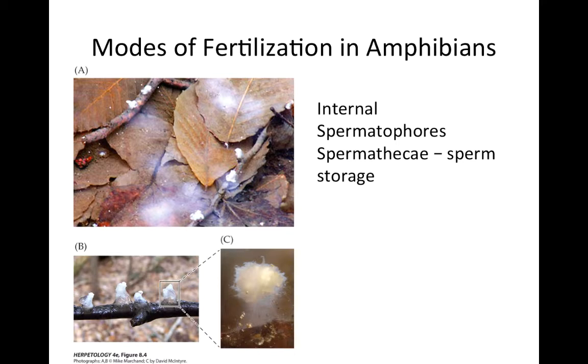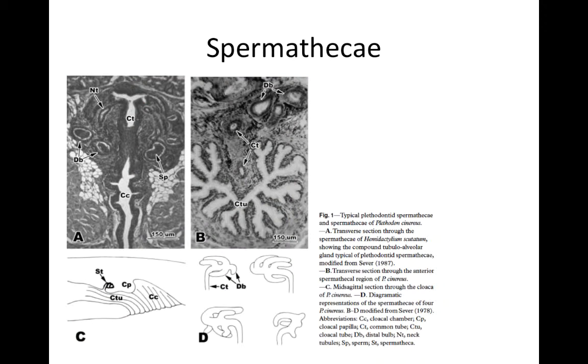And the sperm on top of the spermatophore will be stored in a place called the spermatheca. Spermatheca is for sperm storage. Unfortunately, your book doesn't have any drawings of the spermatheca, but here in section C, you can see this is the opening of the cloaca and then the cloacal tube here.